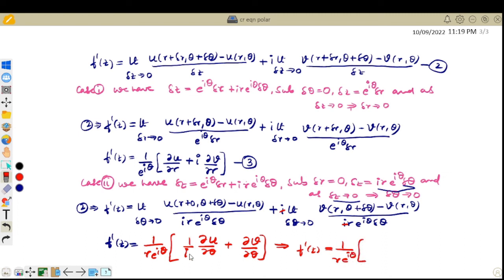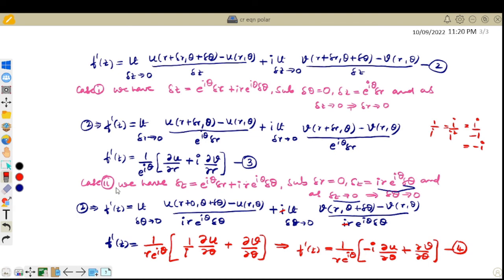As you know, 1 by i is equal to, multiply and divide by i, so this will become i square in the denominator. i square equals minus 1. So i by minus 1 is minus i. So I am writing this as minus i into dou u by dou theta plus dou v by dou theta, and call it equation number 4.